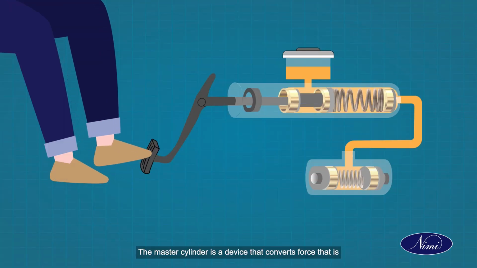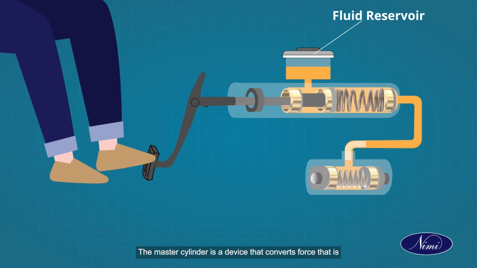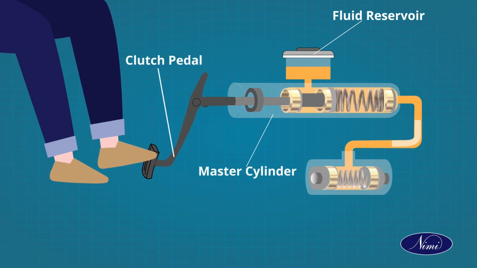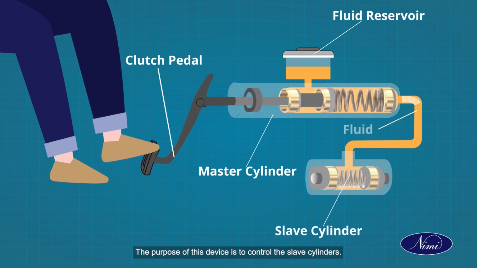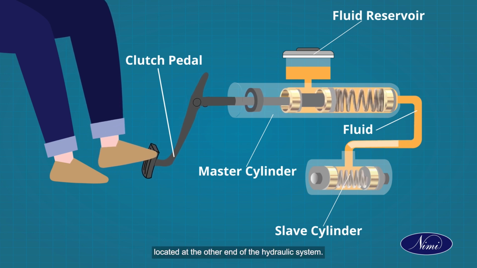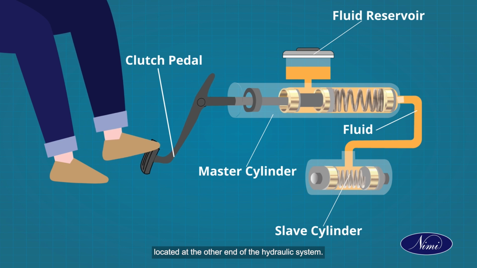The master cylinder is a device that converts force, that is usually from the driver's foot, into hydraulic pressure. The purpose of this device is to control the slave cylinders located at the other end of the hydraulic system.